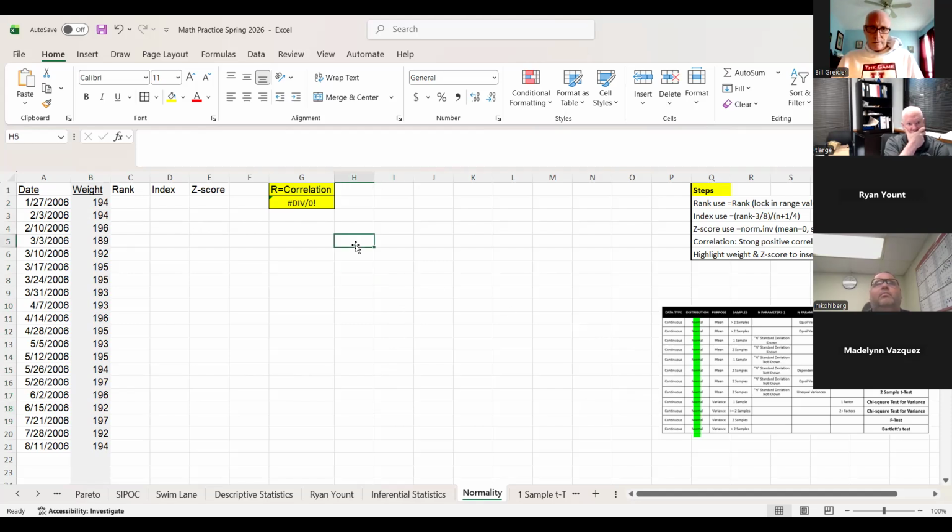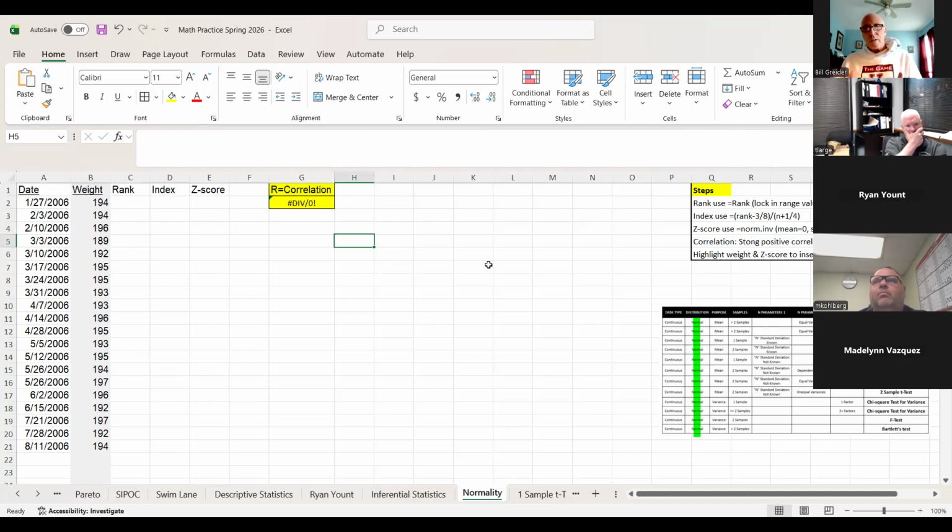And the thing we're going to use to determine whether it's normal or not is we're going to compare this data to a perfect bell-shaped curve, using a tool called a correlation, which we're going to cover in the next couple of weeks when we get into the improve phase.